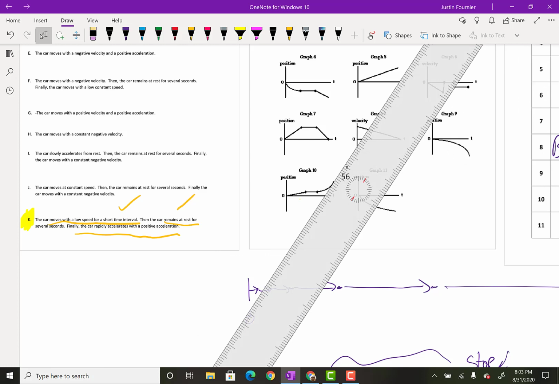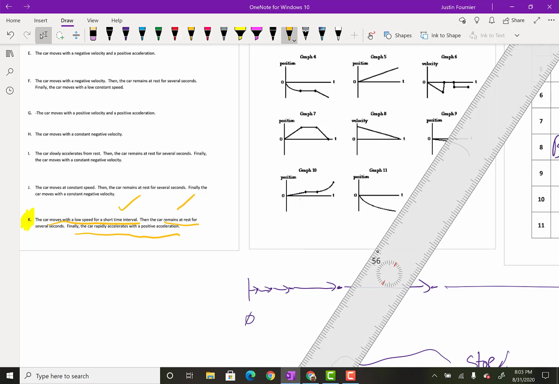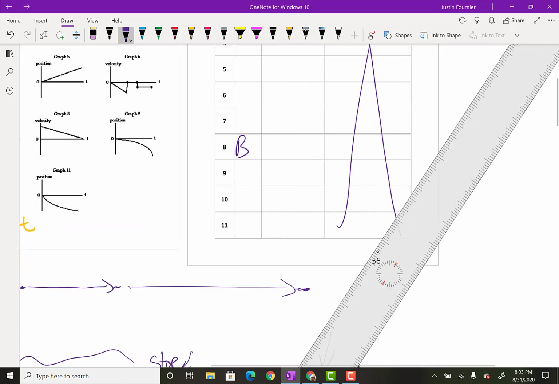If I did a velocity time graph of this, at this part I would be at a low velocity, and then it becomes a high positive velocity, and the slope of the velocity time graph gives me acceleration. That slope is positive, so that's a positive acceleration, which matches that graph. So 10 matches with K.